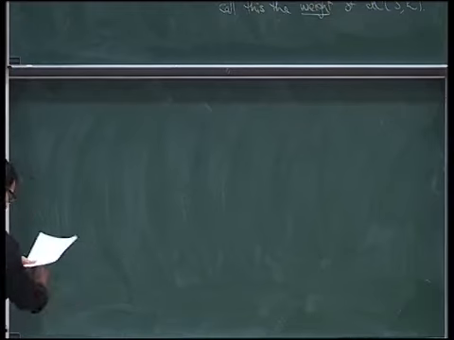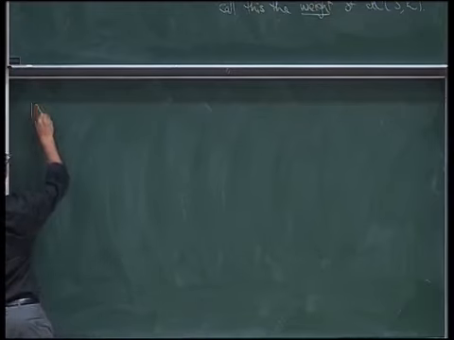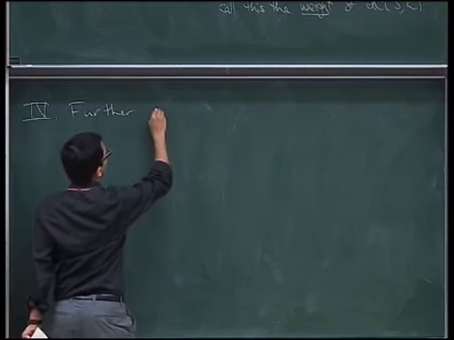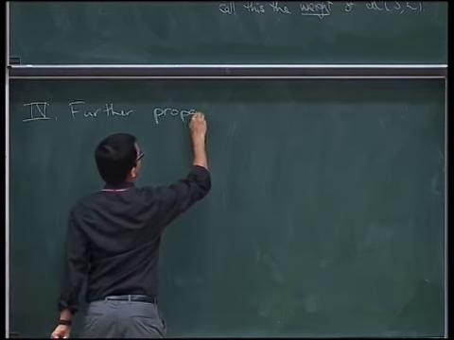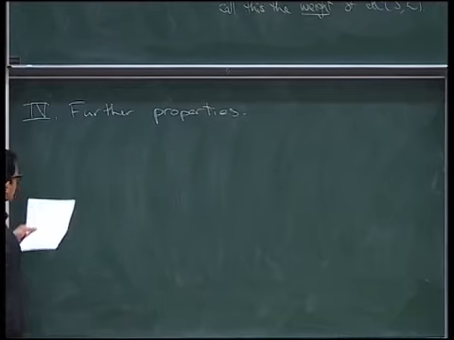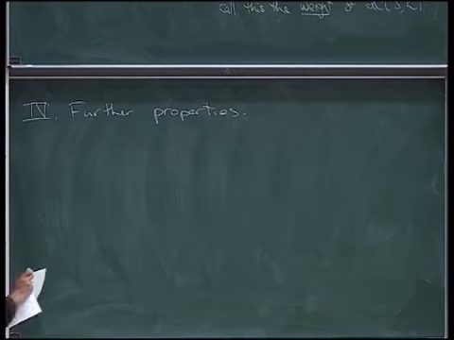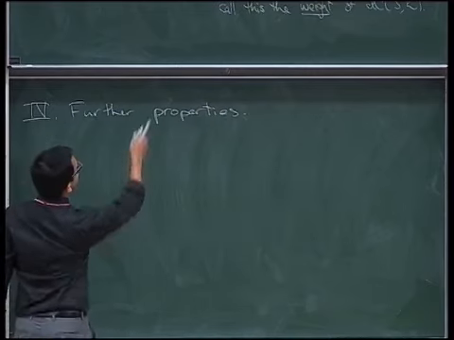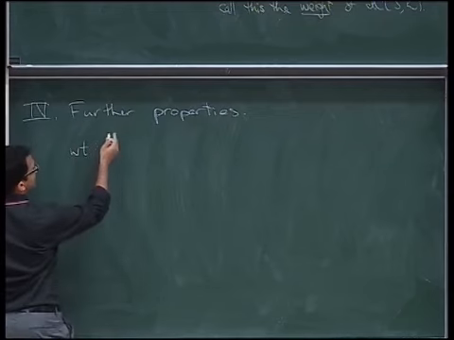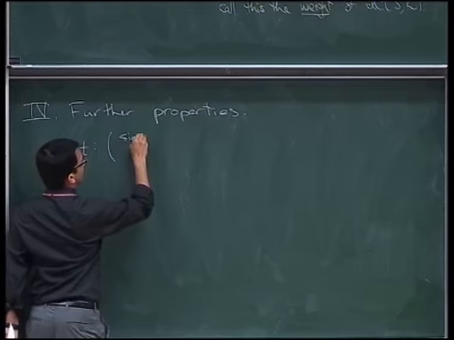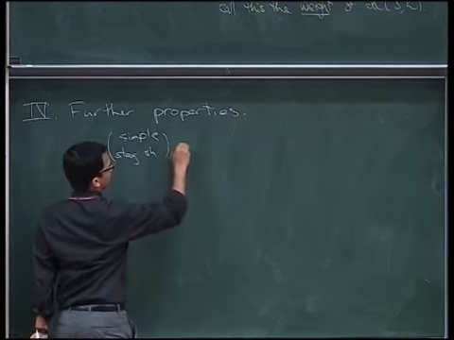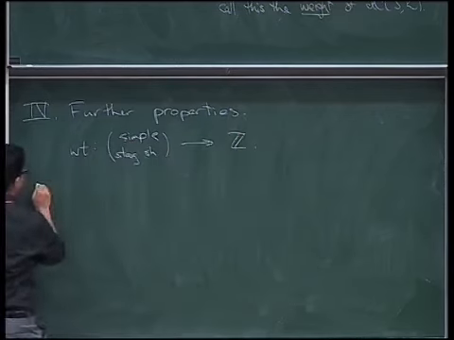So from that you can perhaps predict the next theorem. Here are some more theorems about staggered sheaves. With that definition, we have a map, which I'll call WT for weight, from simple staggered sheaves to the integers.